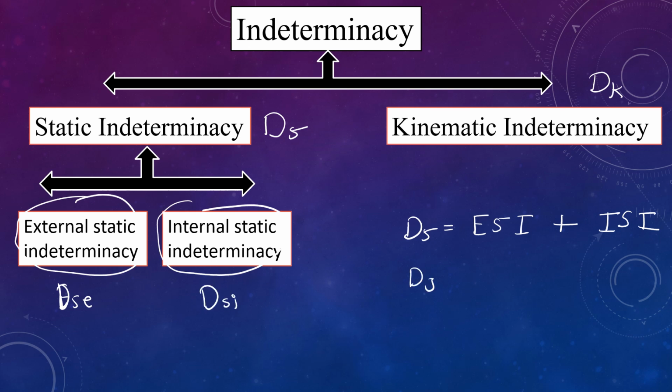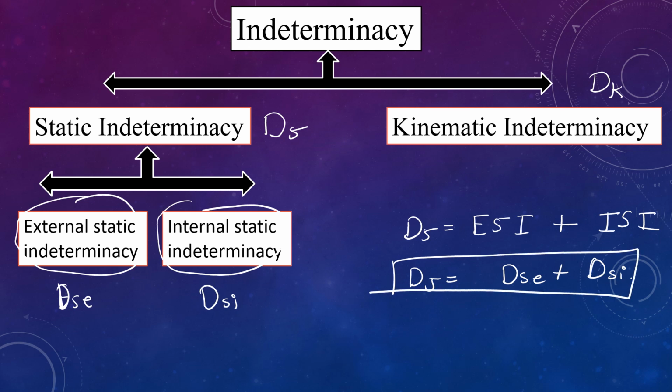So here DS is equal to DSE plus DSI. This is the formula for static indeterminacy. Okay, and we'll see the static indeterminacy and kinematic indeterminacy in detail in a further video.